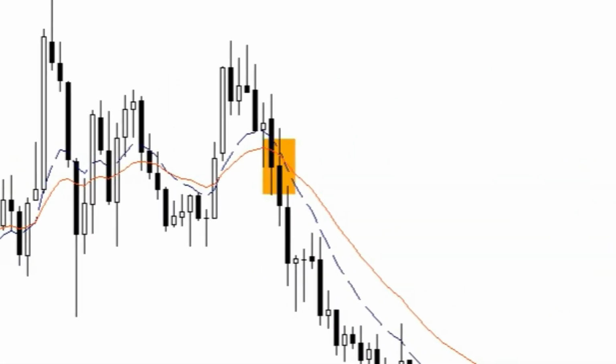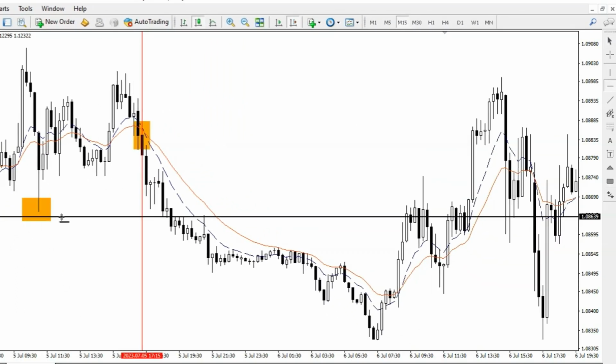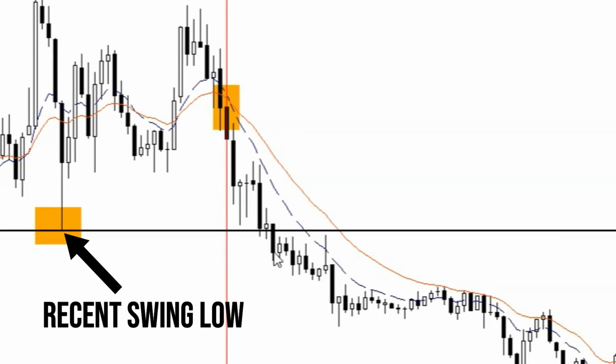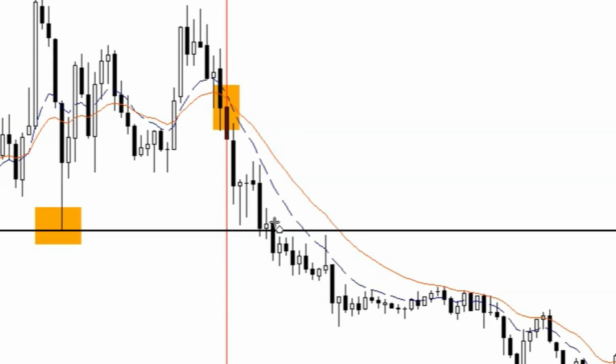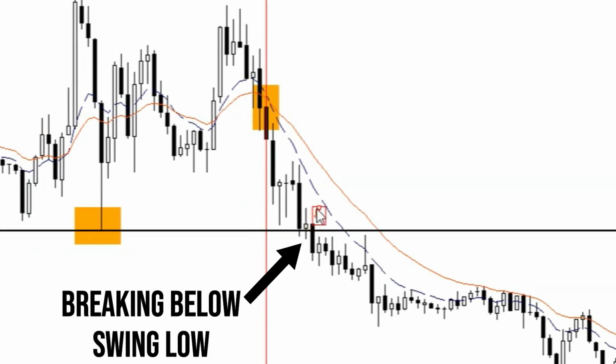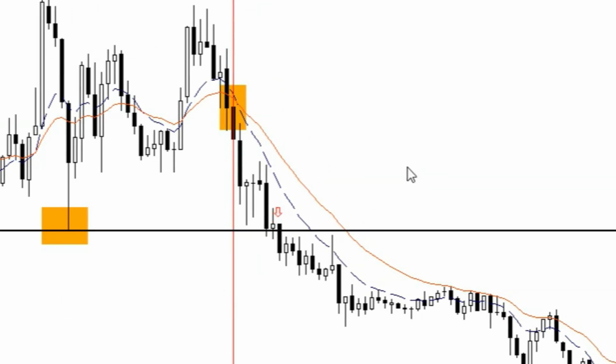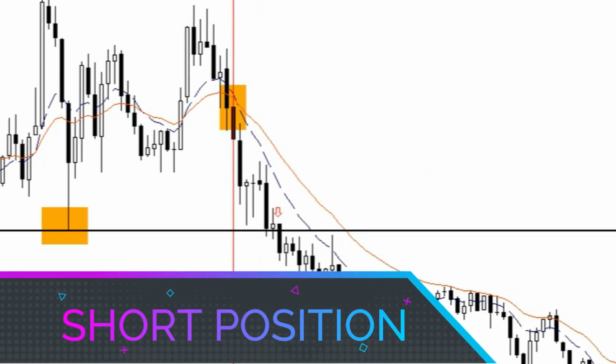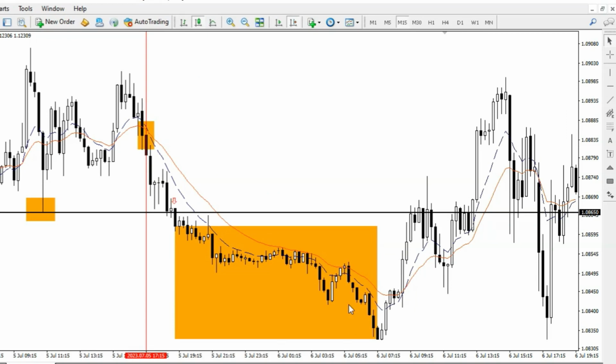Similarly, after a crossover downward, we find the recent swing low and wait for a break below this swing low. Once a candle closes below that level, we take a short position at that candle's close. Essentially, with this method, we are entering trades based on existing structure in the market.